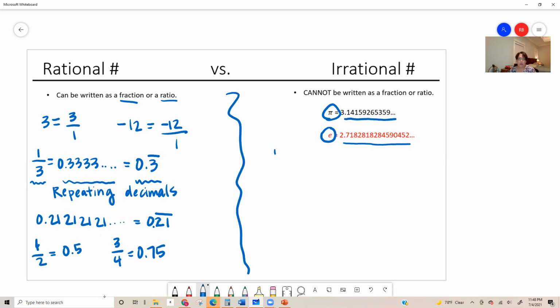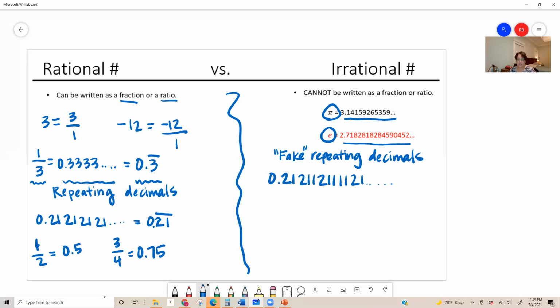You also have what I like to call fake repeating decimals. Let's say you had 0.2121111121. It looks like it might be repeating because there's this pattern, but that is a fake repeating decimal, and that is an irrational number.